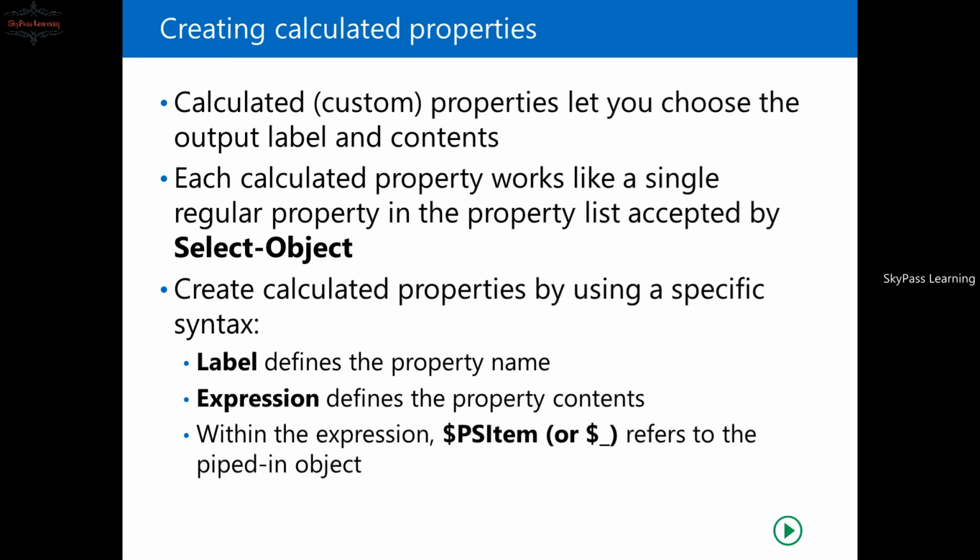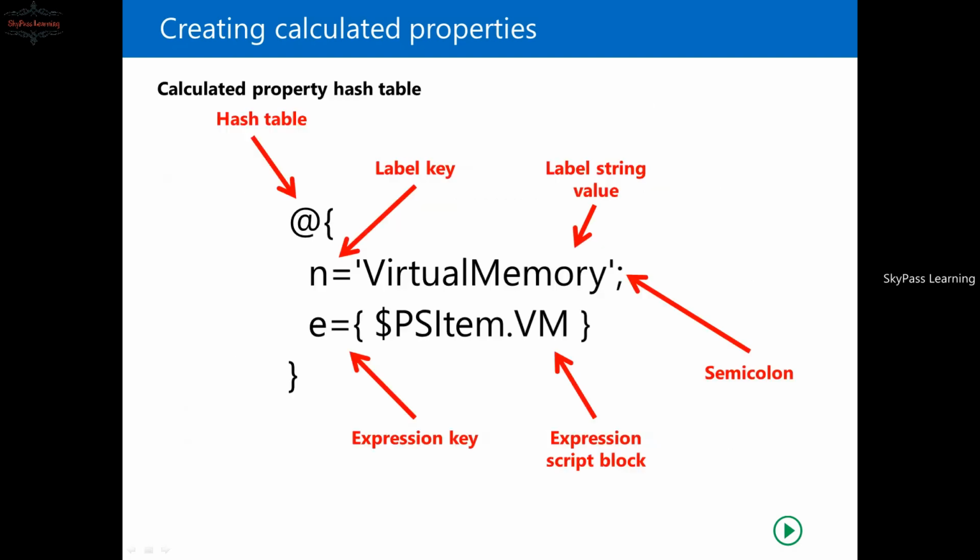Mainly whenever you are going to use this expression with select object, a hash table, which we have seen here. The hash table is nothing else, it is just a scripting block, or you can say an associative array section that contains multiple items, and each item has a key and a value that is paired with each other.